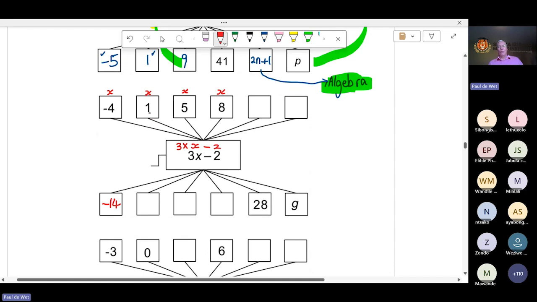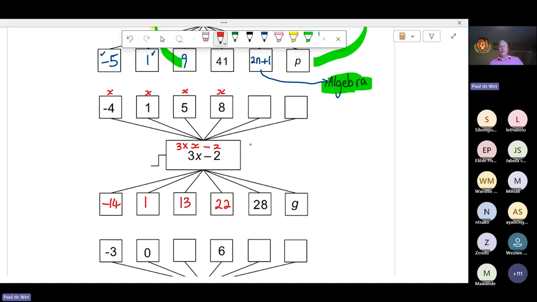Right. 3 times 1, subtract 2. Well done, 1. 3 times 5, subtract 2. 13. Well done. Okay. 3 times 8, subtract 2. Well done. I'm seeing Melissa. Okay. 22.